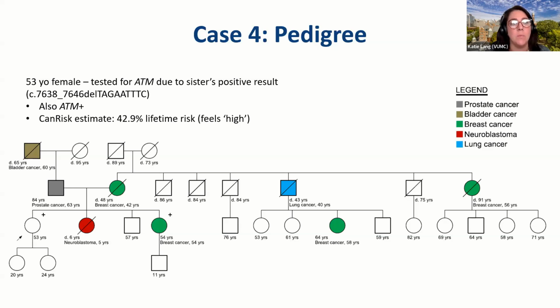And when we ran her CanRisk, it came back as 42.9%, which felt really high. If I'm disclosing results by telehealth, I'll oftentimes screenshot NCCN guidelines to go through them with the patient. So to have side by side a 20% range and a 43% range felt like a big discrepancy. So we wanted to see your thoughts.